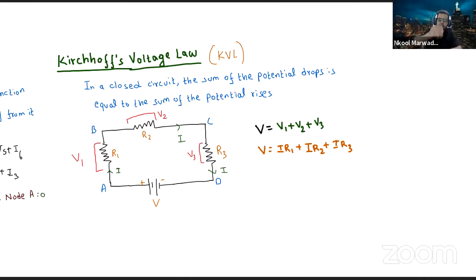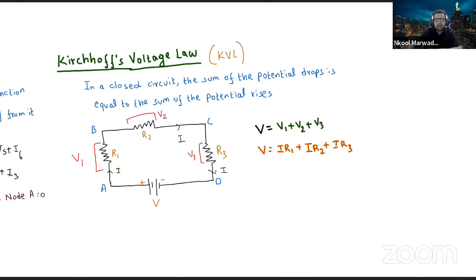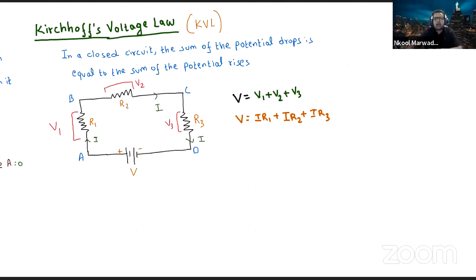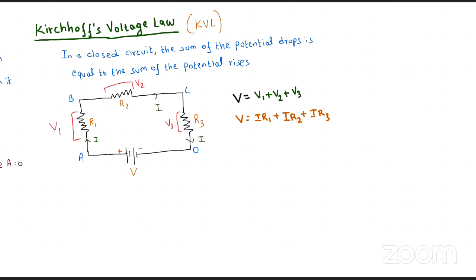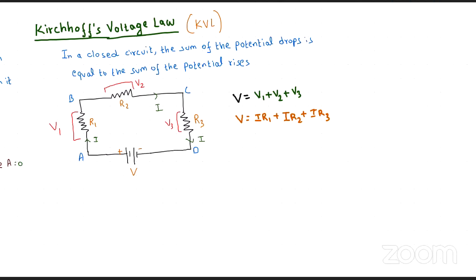Because there is no way to distribute I. And I will give you one example wherein it will be distributed. And what if the resistance is also the same in all three resistors? Then V will also be the same. So the potential difference will be the same. V1 is equal to V2 is equal to V3.